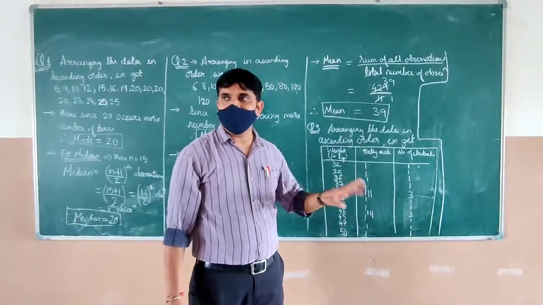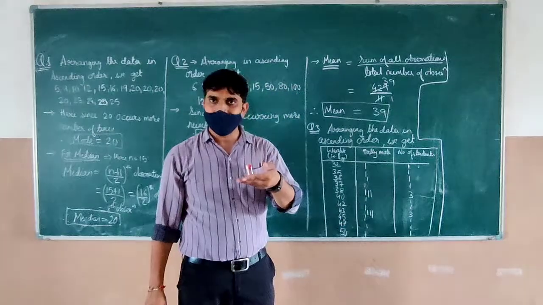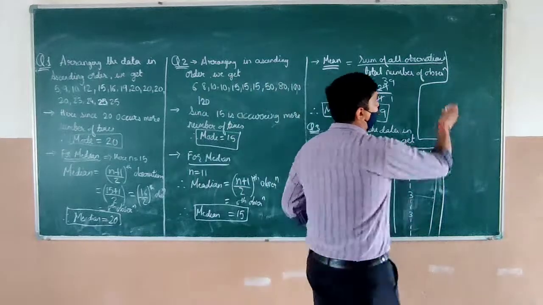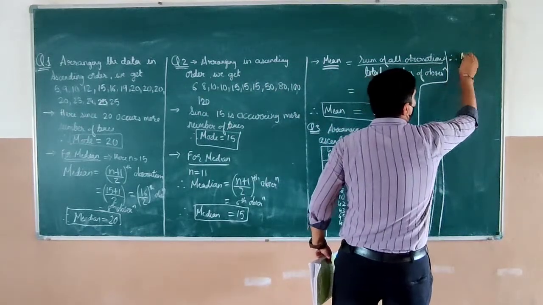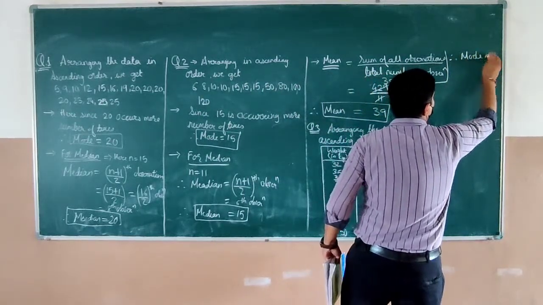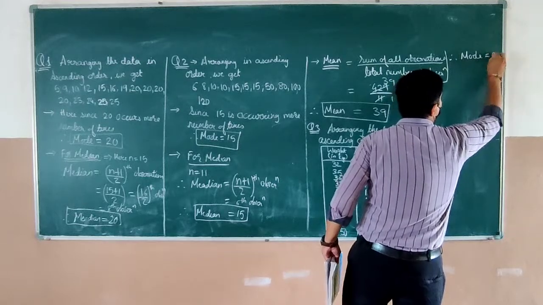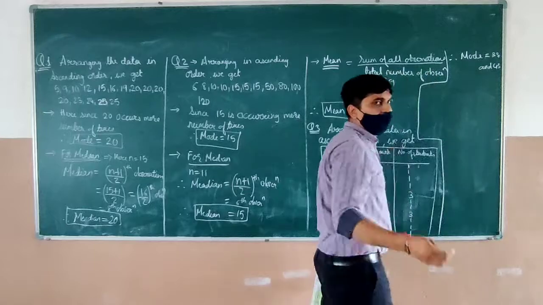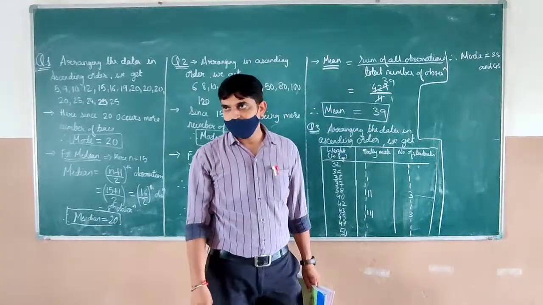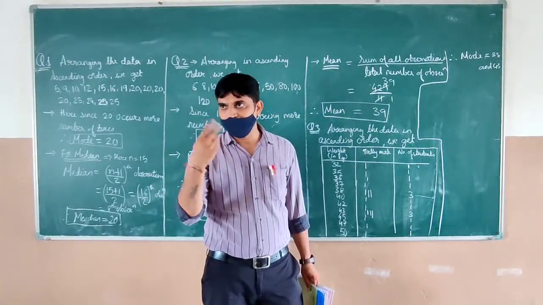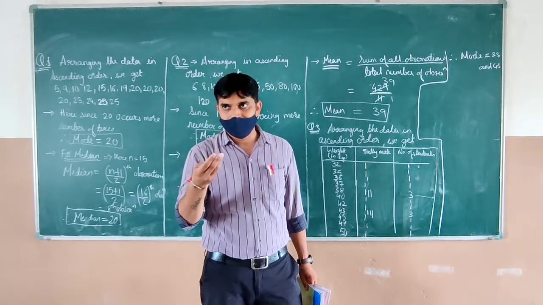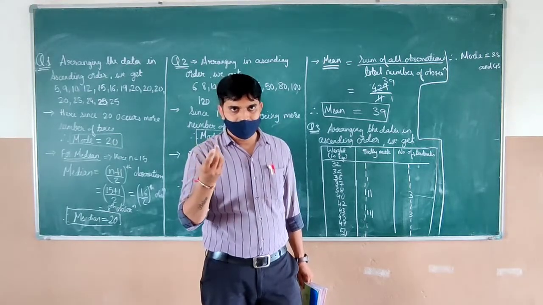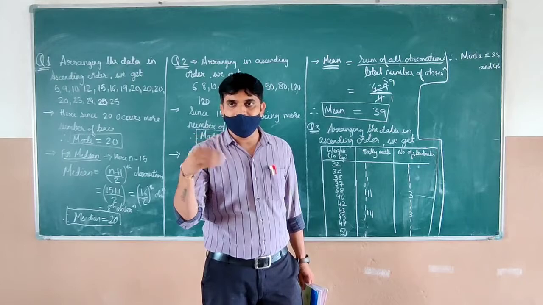So 43 and 38 occur more times. Therefore, mode is equal to 38 and 43. There we have 2 modes. Mode can be more than 2, more than 3, or 1 also. It depends how many times it occurs.